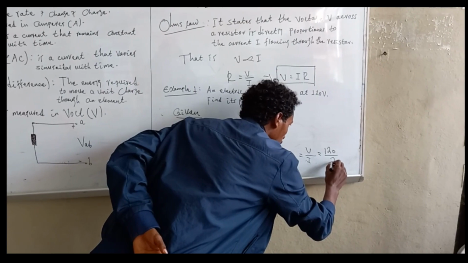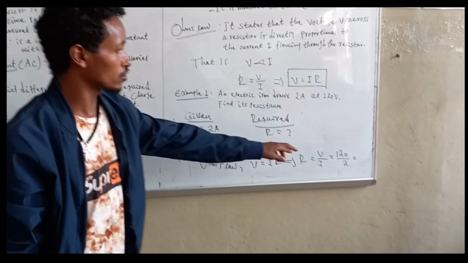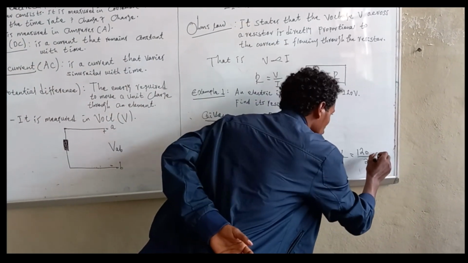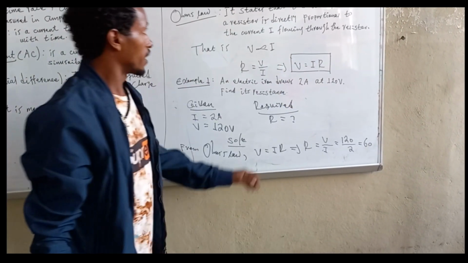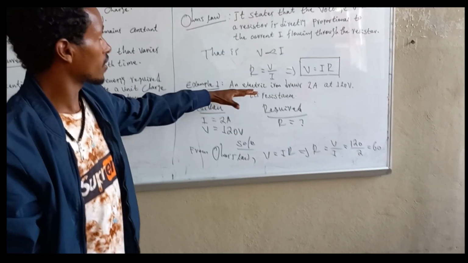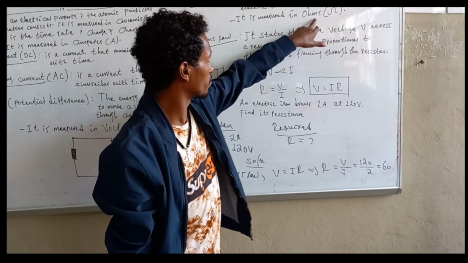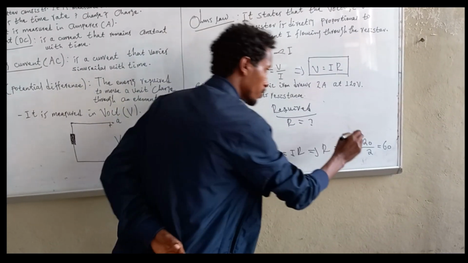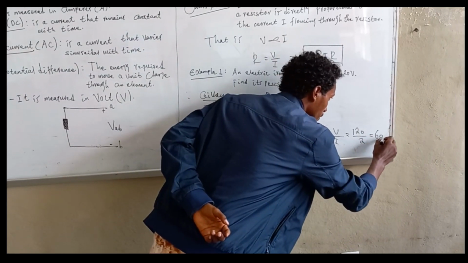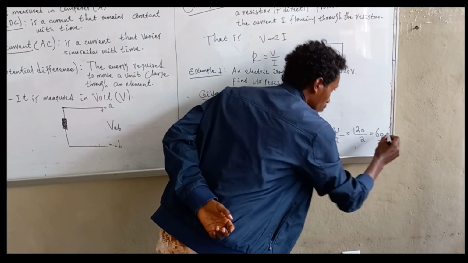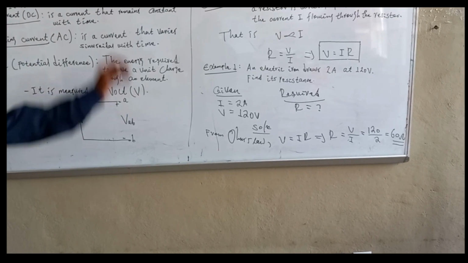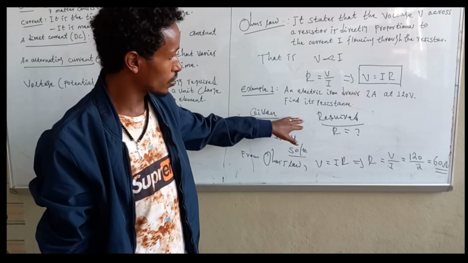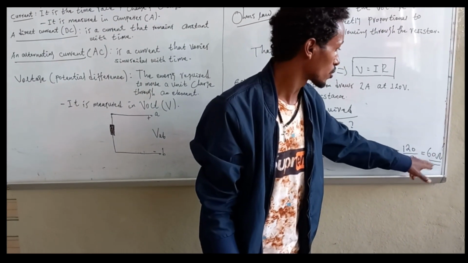That means R equals 120 divided by 2, which equals around 60. Then the unit of this resistance is already mentioned before, ohms, in terms of ohm, so we have to put it with its SI unit. Therefore, this electric iron has the ability to resist a current flow through the circuit of around 60 ohm.